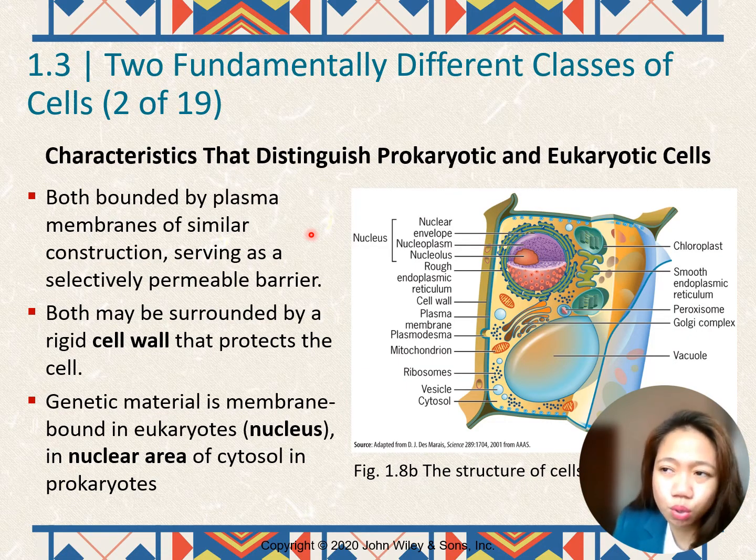So it still controls what materials go in and out of the cell. Furthermore, they have a cell wall which protects them, like in plant cells, and they have genetic material. The genetic material for eukaryotes is inside the nucleus, while for prokaryotes it is just called the nucleoid.